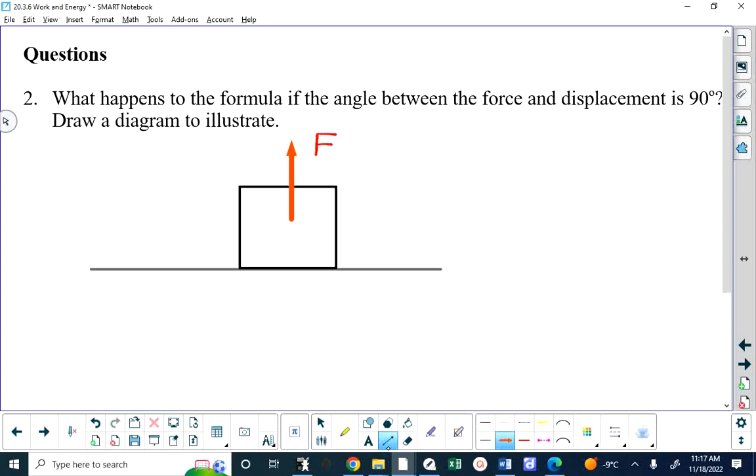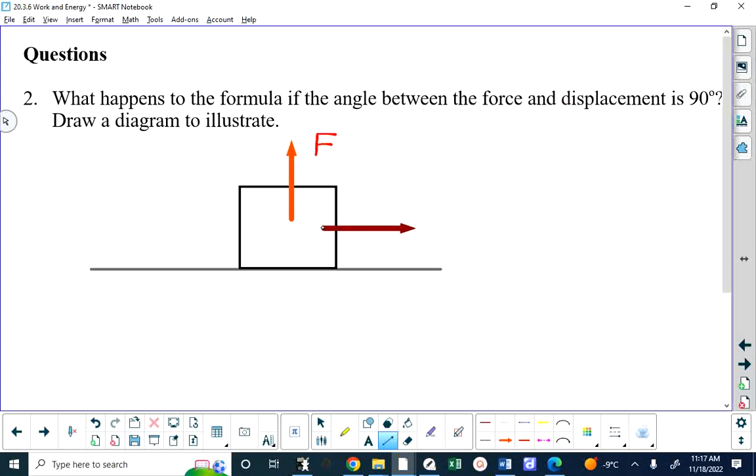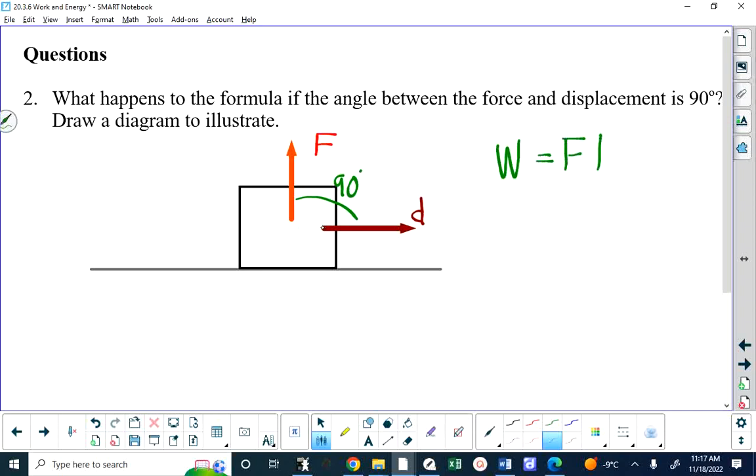And the object happens to move to the right, not as a result of that. So the angle here is 90 degrees. What happens to the formula is work equals F D cosine 90. But cosine of 90 is 0. So what happens is the work is zero.